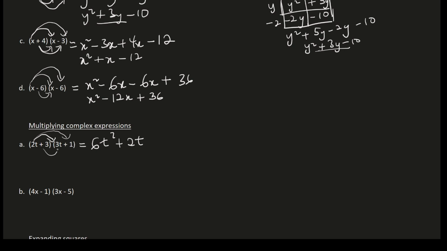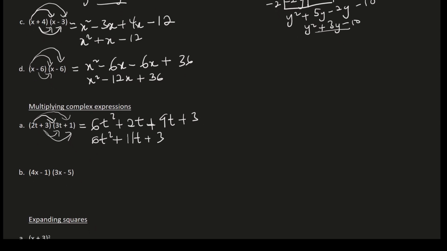Then 3 times 3t gives me 9t. And then 3 times 1 is 3. So to simplify this, we have 6t squared plus 2t and 9t gives me 11t, and then plus 3.